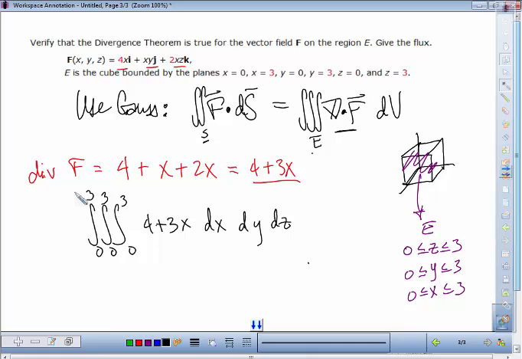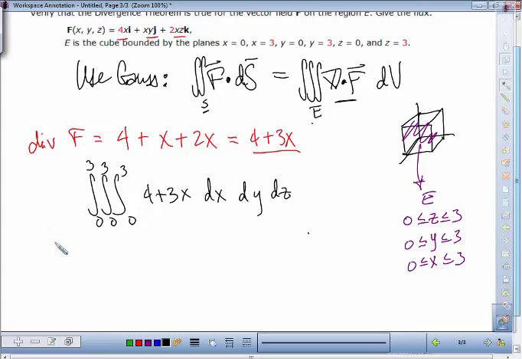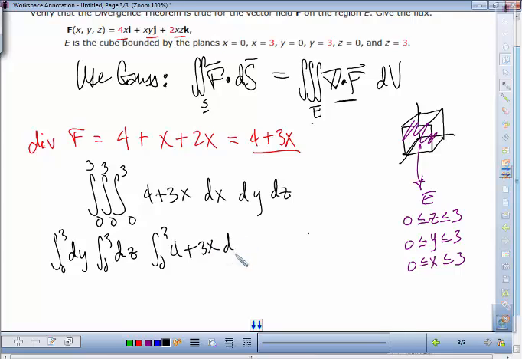I suppose there's no y's and z's here, so we can split this up to the y and the z separately and just focus on integrating 4 plus 3x with respect to x.